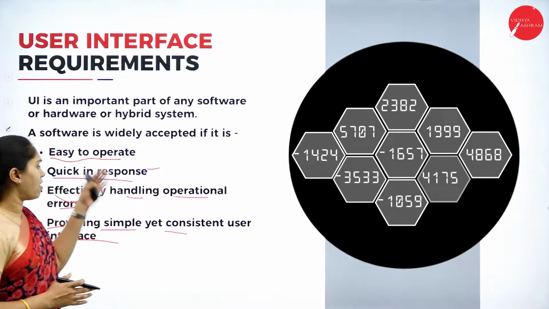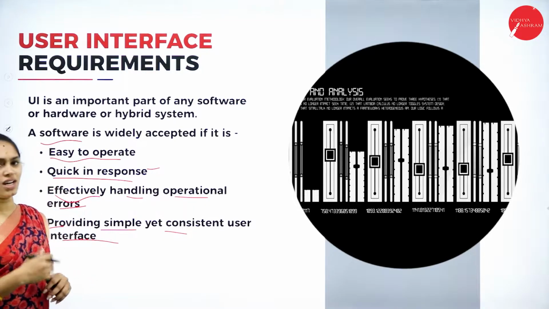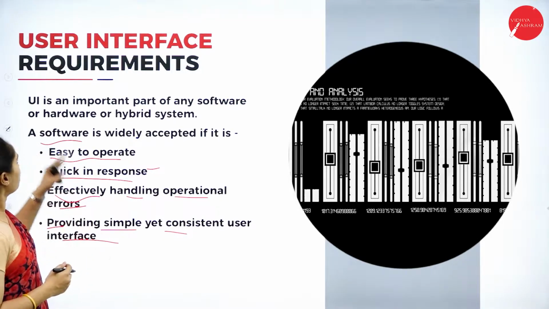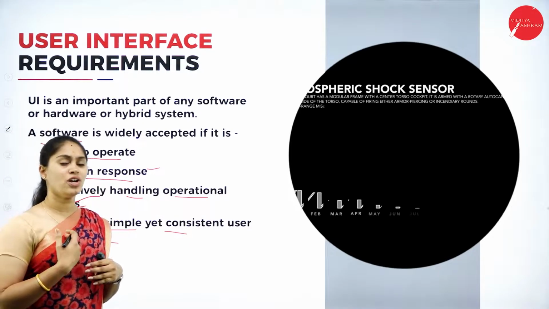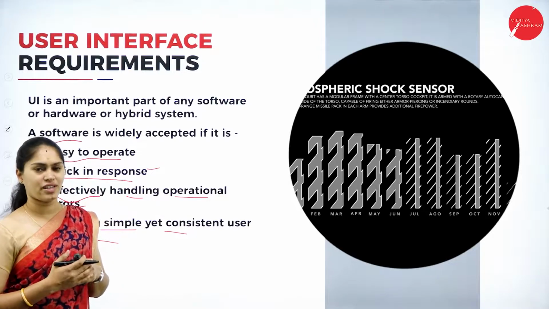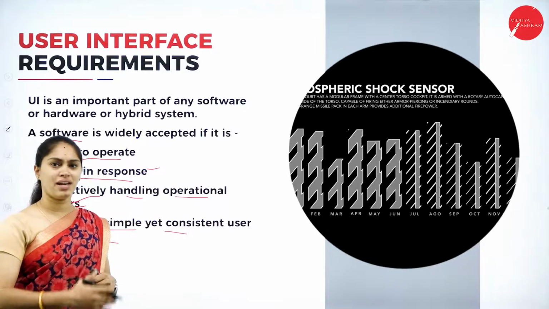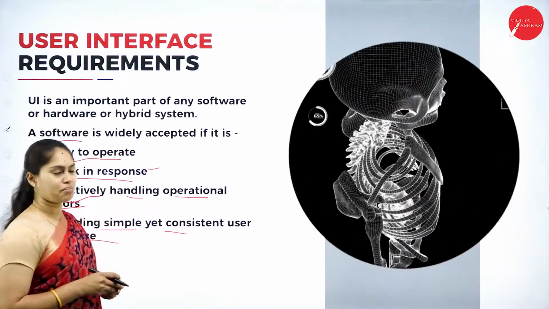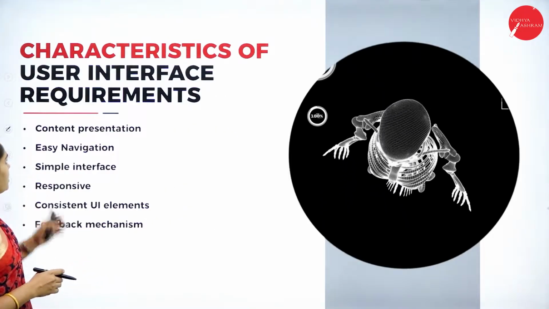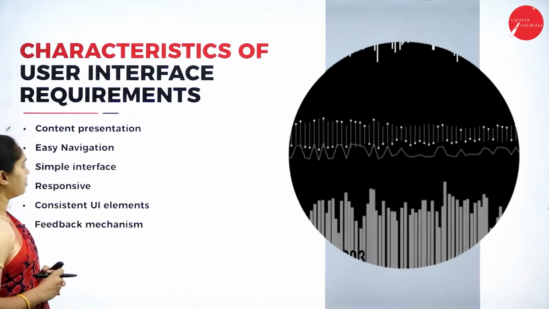By having all these parameters, we are going to accept some software. Then what do we mean by user interface requirements? For example, if I want to use any system, whether hardware or software, we require an interface, that is, a medium in order to communicate or have a conversation with a computer system. Here we have certain characteristics with respect to user interface requirements.